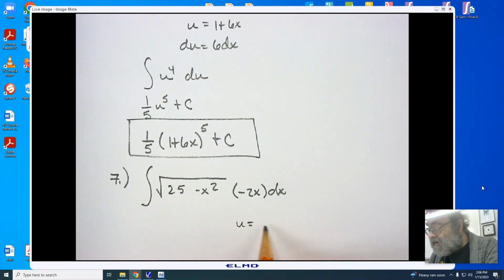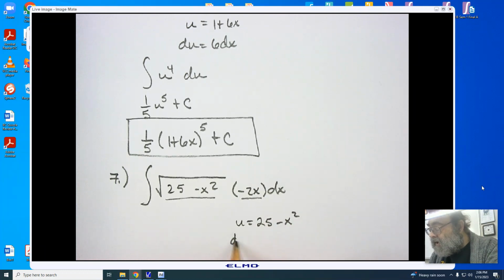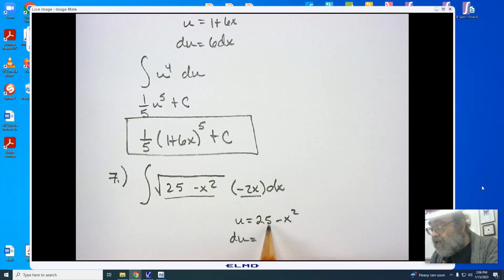So u equals, once again, I have a u squared. I have that x squared to an x to the first. So I'm going to put 25 minus x squared. The du is then going to be 25 goes to 0, negative 2x, and we put the dx behind.